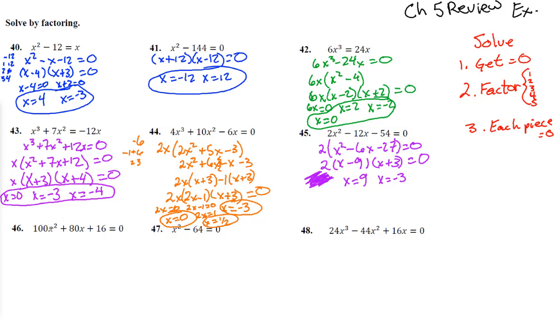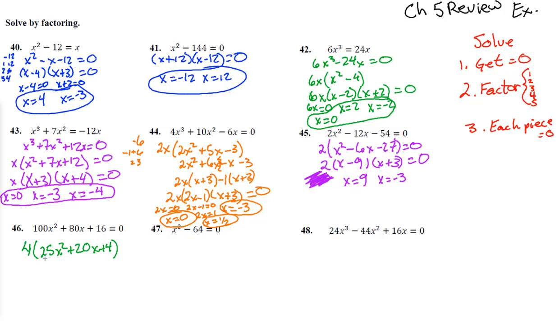116. Those are perfect squares. But wait, is there a greatest common factor? There is. 4, 8? Nope, 8 doesn't go into that. 4, it looks like. Pull the 4 out front, and we're left with 25x squared plus 20x plus 4.